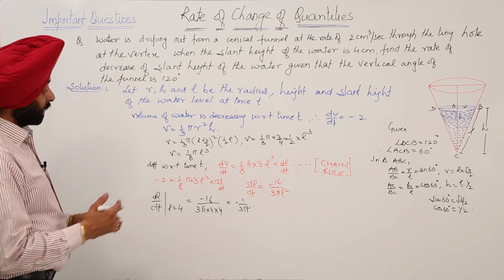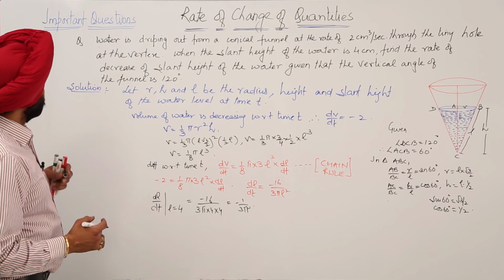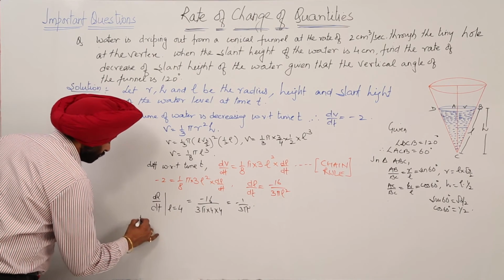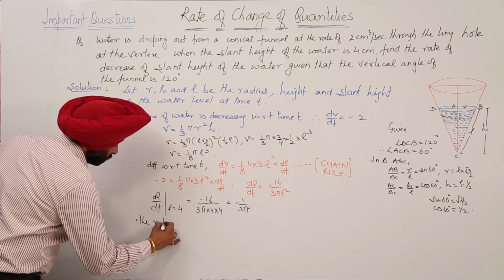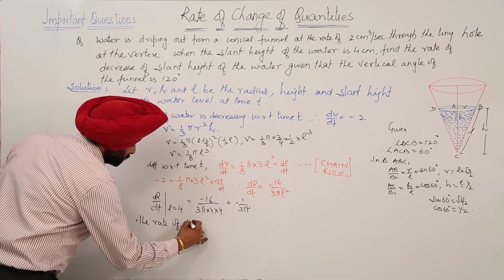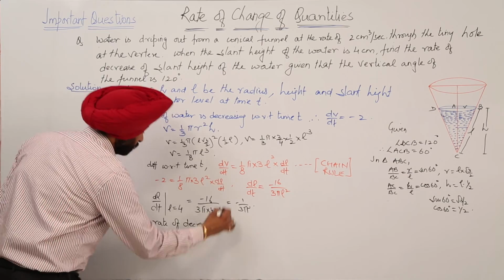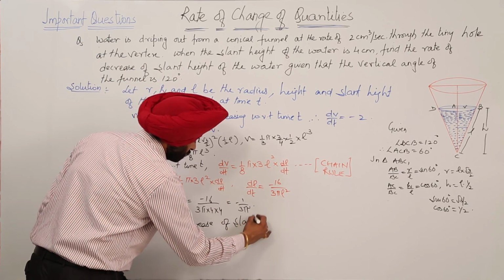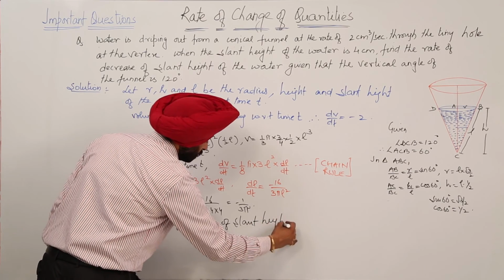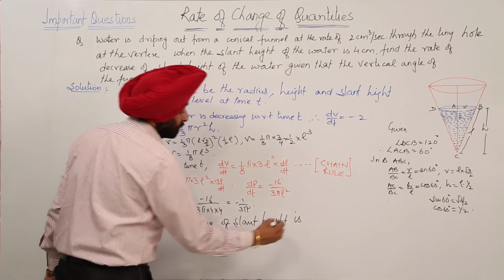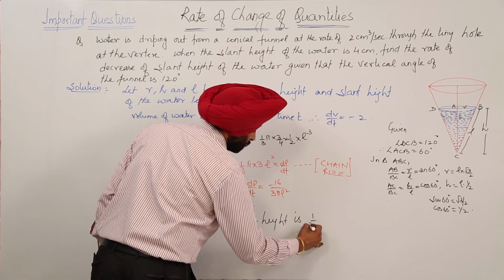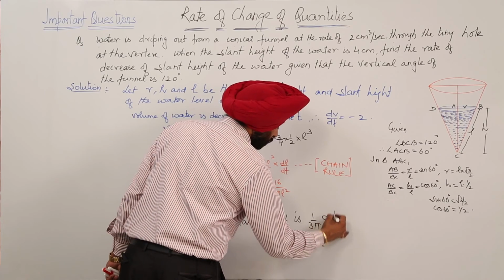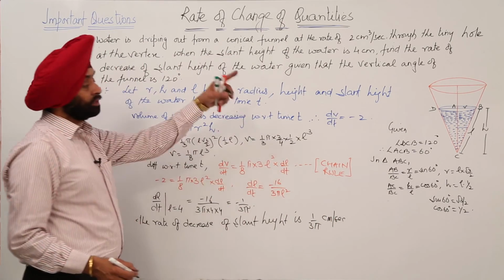Okay, so now finally what the answer should be? Find the rate of the decrease of the slant height of the water level. Now the rate of decrease of slant height is 1 upon 3 pi centimeter per second, because the unit is cubic in the volume.